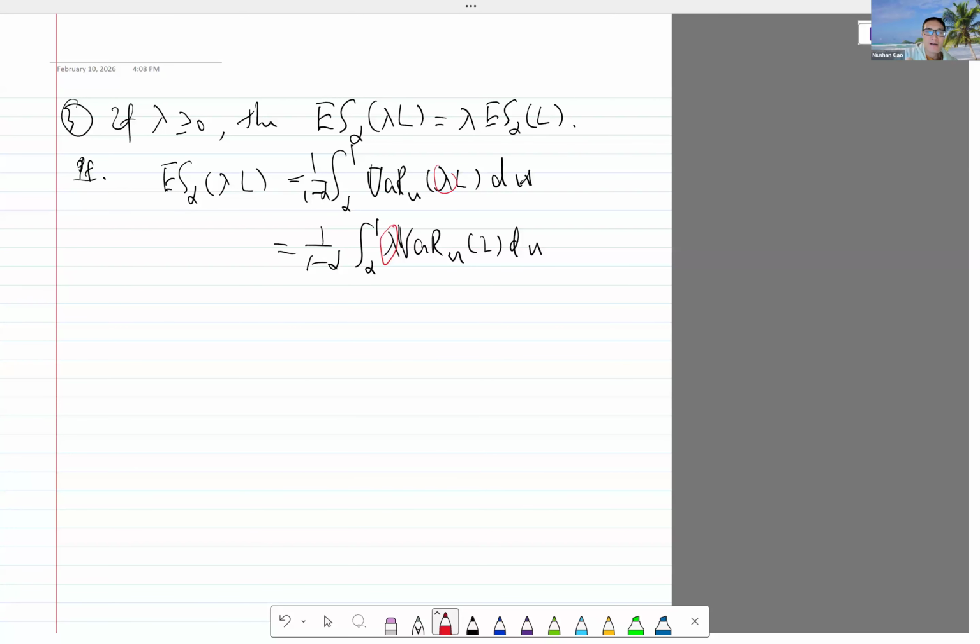So you can take the lambda out, so it equals lambda times the integral. And this equals lambda times expected shortfall alpha of L.